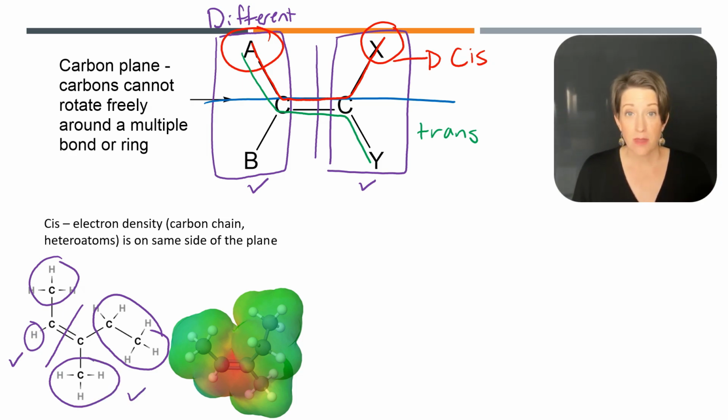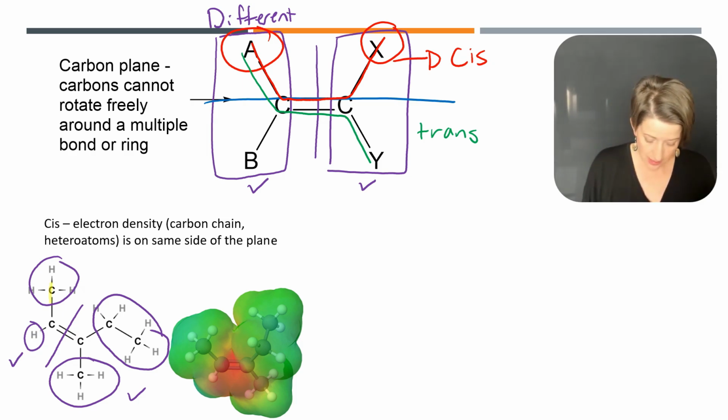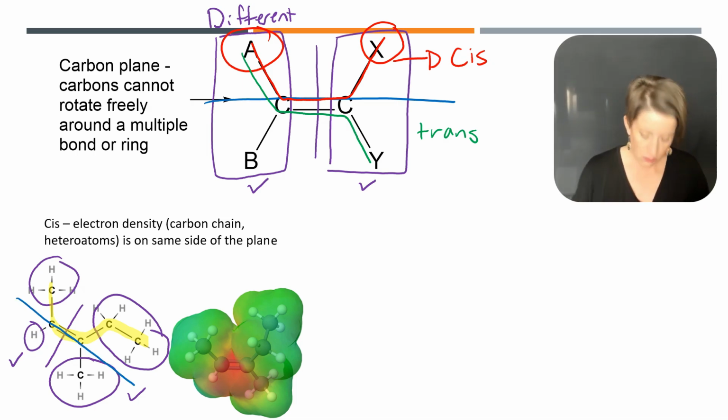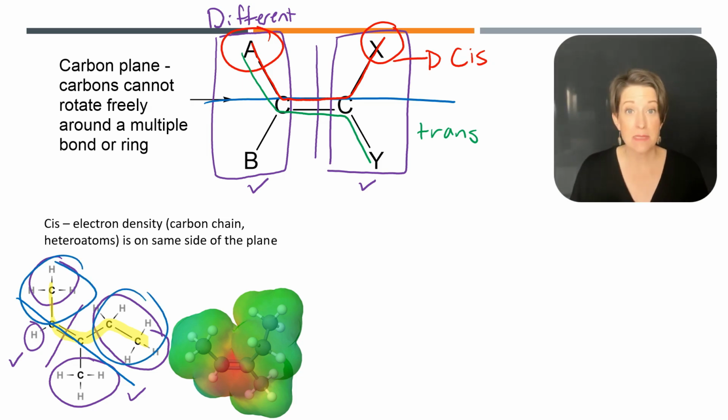This compound thus will have cis or trans stereoisomers. Next step is to find that parent chain. The parent chain here must include that double bond, or it would be the cyclic ring. So looking at where those groups are in relation to the fixed carbons, they are both above, or on the same side of that double bond.